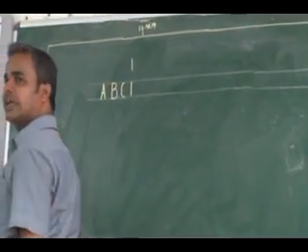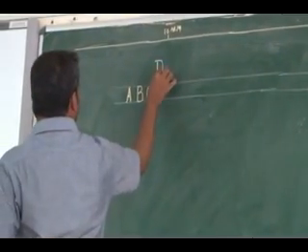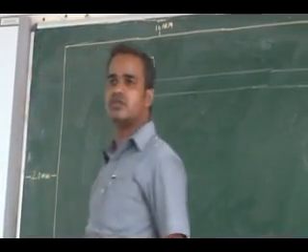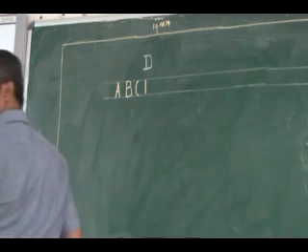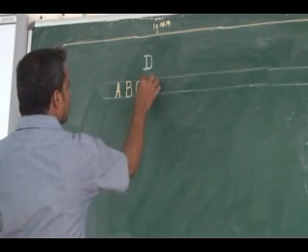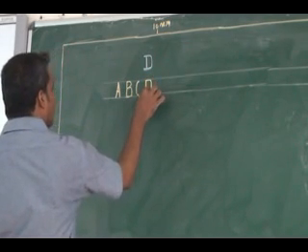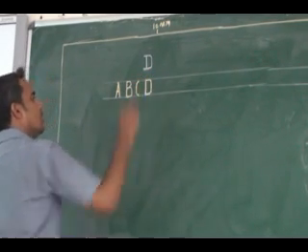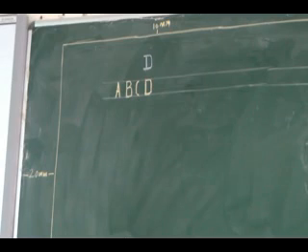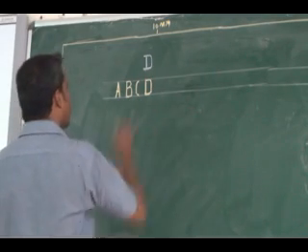Anything you are writing in capital letters, you will be writing like this. The extension of this portion should not be there in your drawing lettering. D should be like this. This is the wrong one.